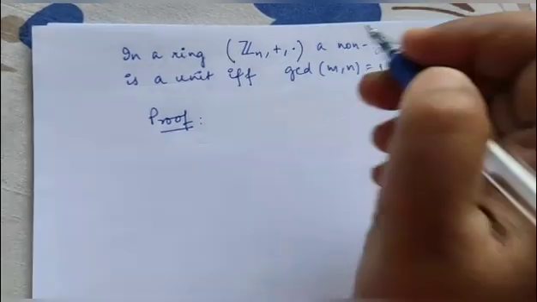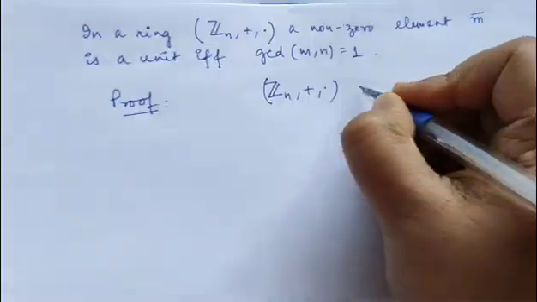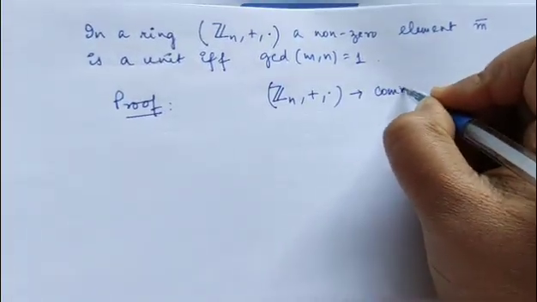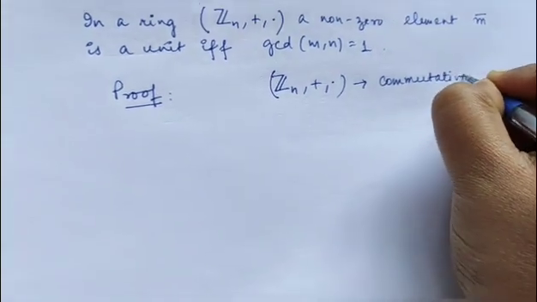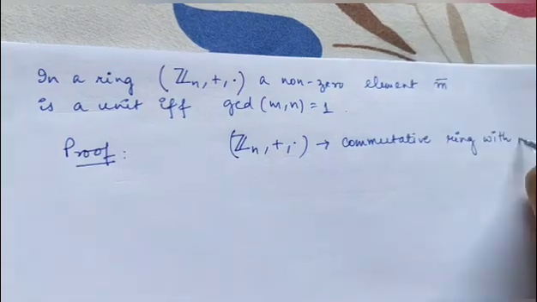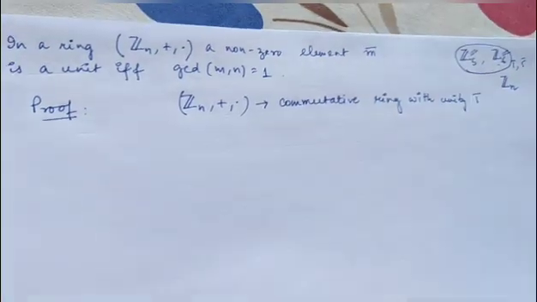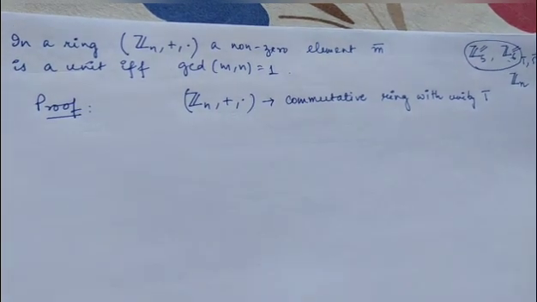So what is Zn, plus, dot? I have already told, while discussing the examples, that it is a commutative ring with unity. What is the unity element here? Class 1, right?